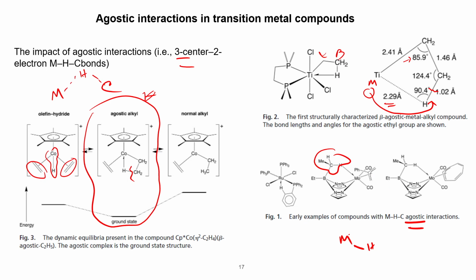These are some early examples of how people have characterized or observed this special carbon metal hydrogen interaction.